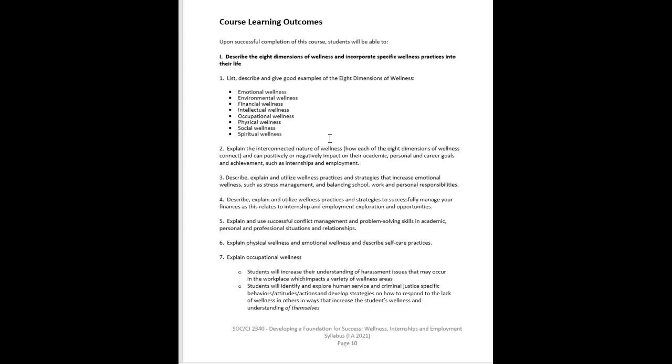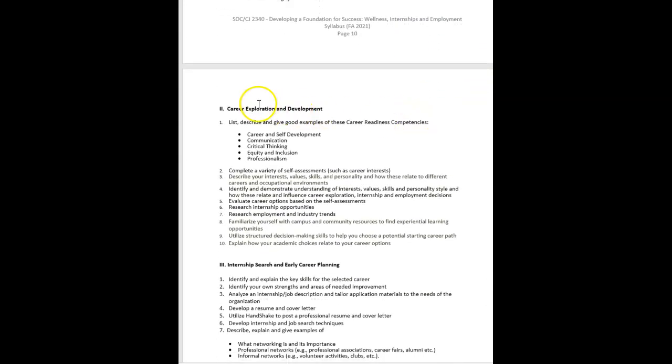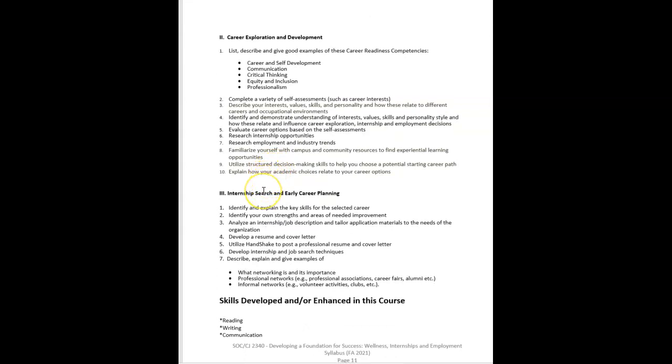They are in three different categories with specific learning outcomes within each category. So the eight dimensions of wellness and incorporating specific wellness practices into your life, career exploration and development, and the third grouping or category is internship search and early career planning.